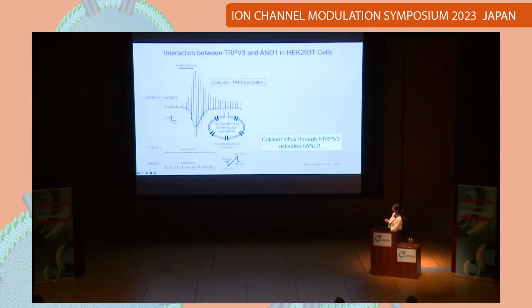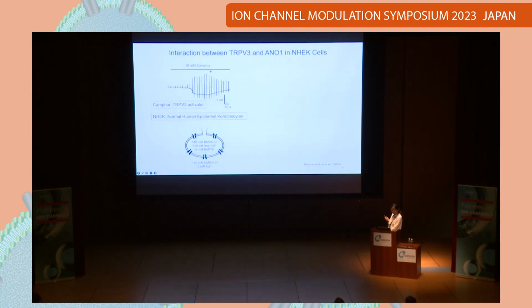This suggests the calcium influx through TRPV3 could activate ANO1 and cause chloride fluxes. In addition, we performed a co-IP showing that these two proteins likely make a complex.